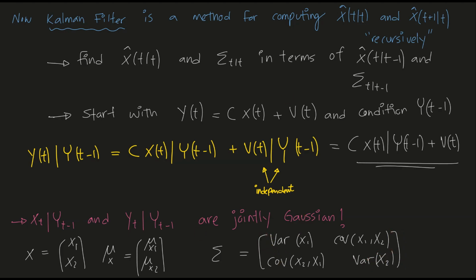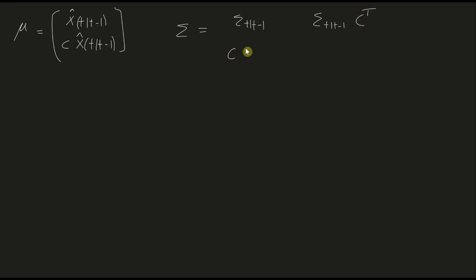Then I can draw some useful information like this for my states and output. So for my states I have the following, and for my output I have C multiplied by the states. And so the covariance matrix is as follows: C transposed. This one's the transpose of the original, and this is the last bit of information we need.